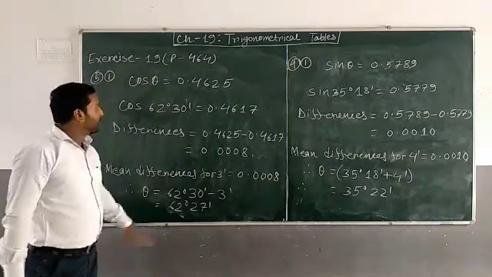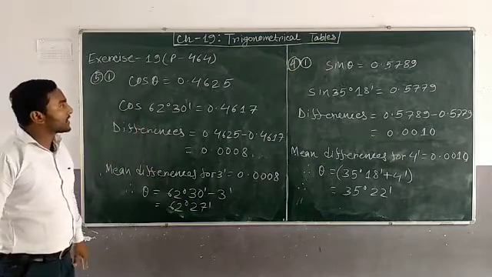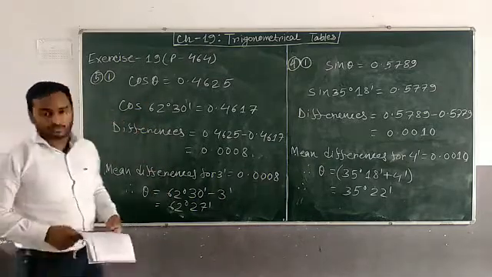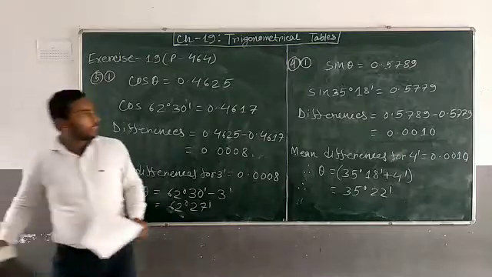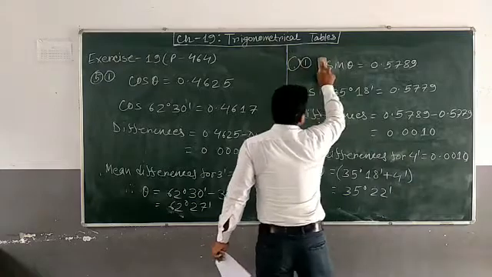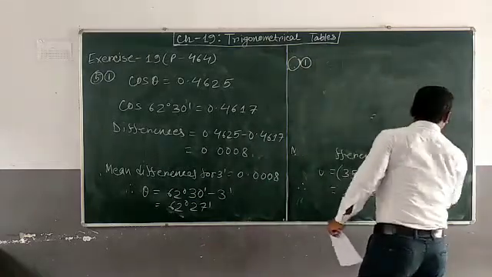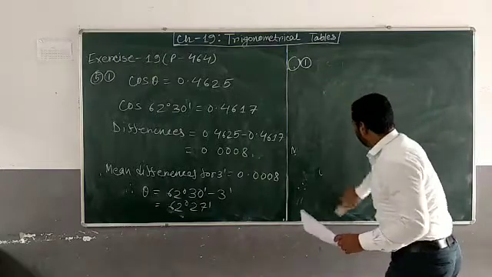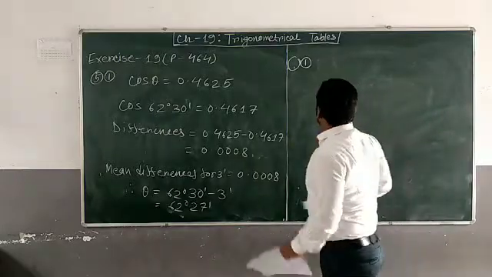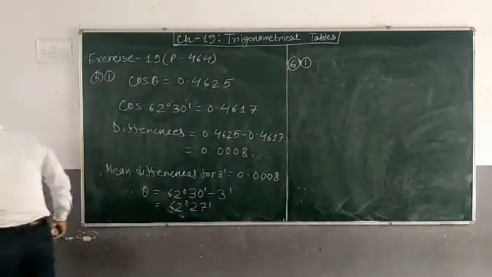So this is for cos theta, and the rest of the parts will be the same. Now come to the next problem, question number 6, first part for tan theta.